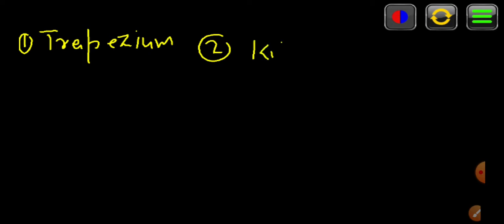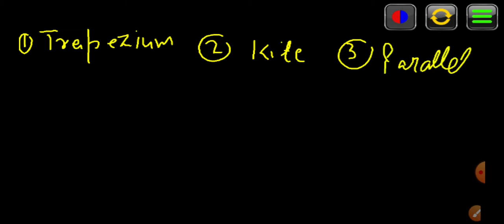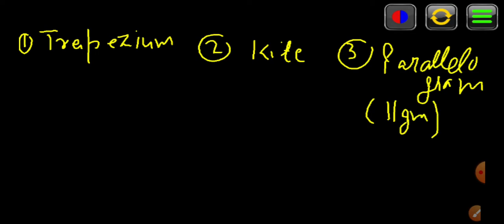First one is trapezium. Second one, kite. Third, parallelogram. We can write parallelogram like this also, two lines and a gm, parallelogram.